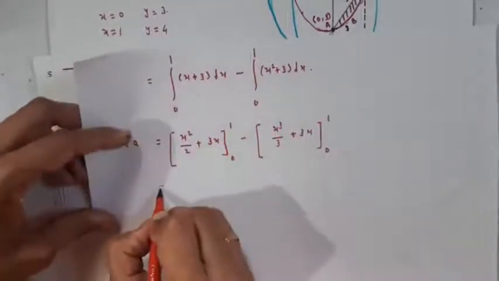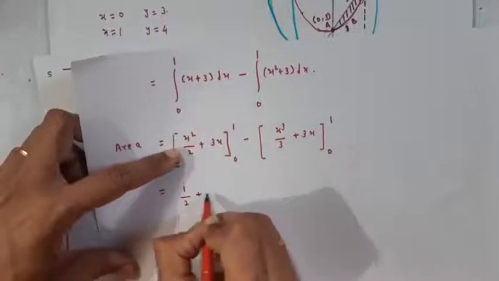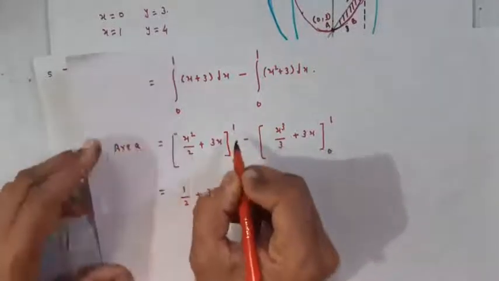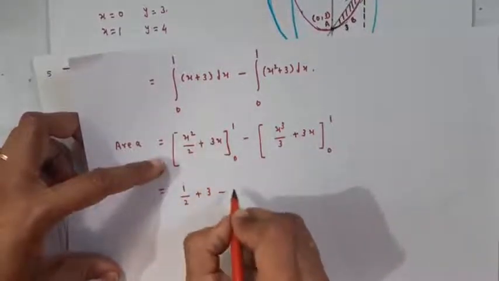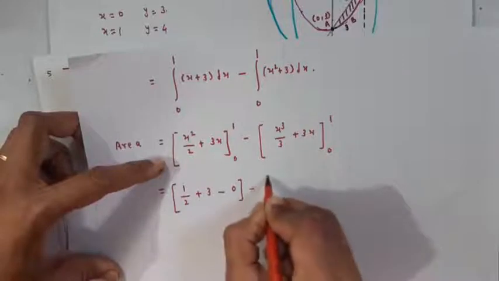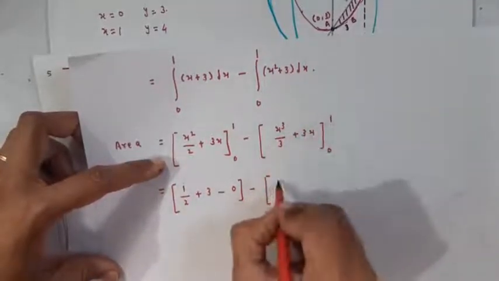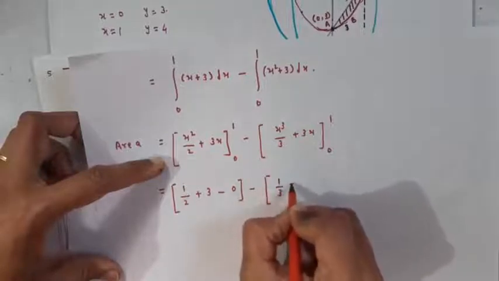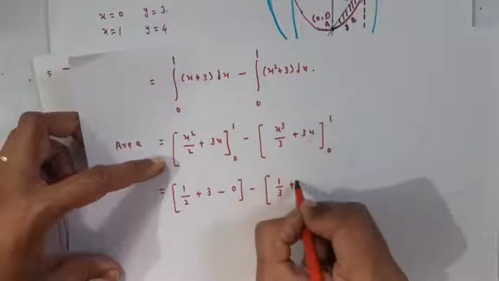Okay, put upper limit, lower limit, that is 1 by 2 plus 3. Upper limit we have put x equal to 1, minus lower limit is 0, that is 0. Minus, upper limit x equal to 1, that is 1 by 3 plus 3 into 1 is 3.